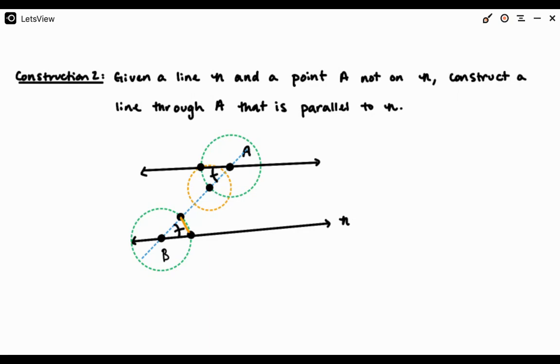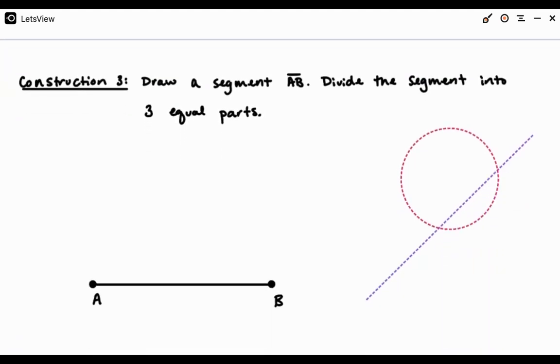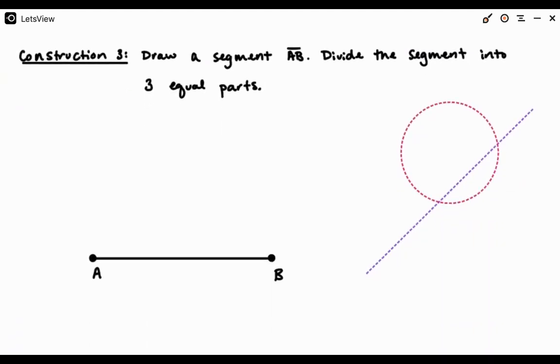All right, final construction is you have a segment AB, and we want to divide it into equal parts. So we're not going to do this whole construction, but we're going to set it up. Let's say I just draw a line through A, and then I put another point on that line.